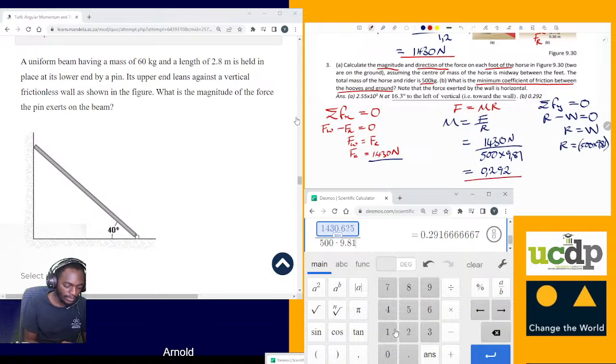So I see this is actually part B. Part A, let's keep part B. What was part A saying? Calculate the magnitude of, okay.